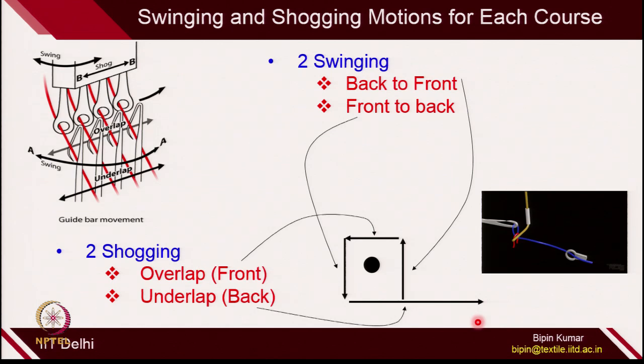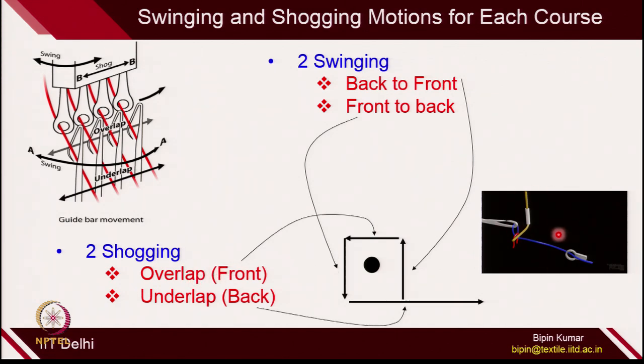As you know, in each warp knitted structure, the guide bar switches its position from one needle to other needles. For switching the position, underlap is very important, and for providing the yarn, overlap is very important.